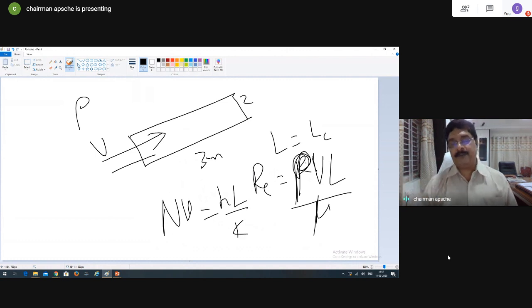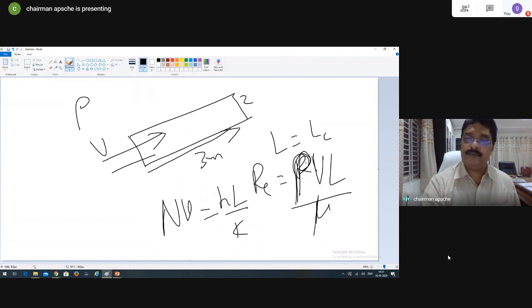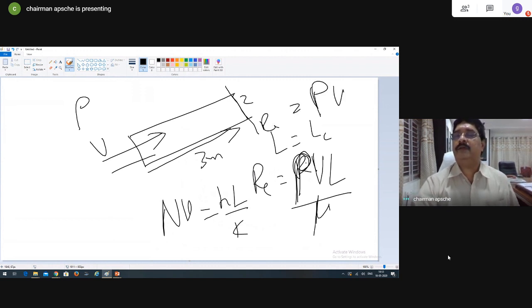The Prandtl number is mu Cp by k. There is no length term. So what is that L that you use in the Reynolds number and Nusselt number? It is the length along the fluid flow direction. If you want the Reynolds number here, it is rho V into 3 divided by mu, where 3 is the length.